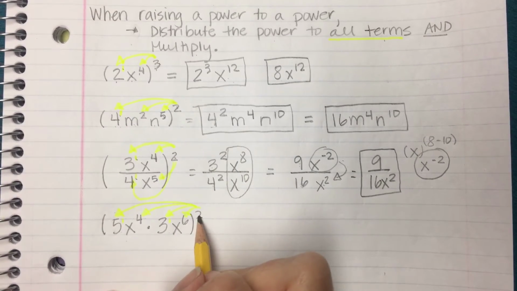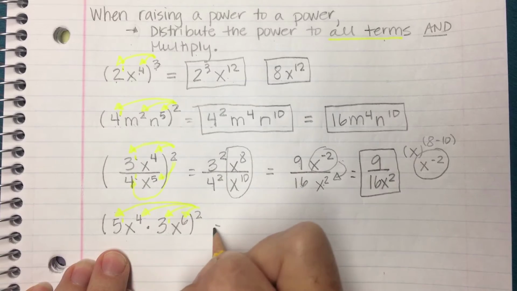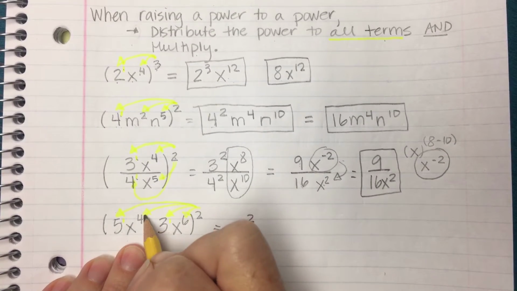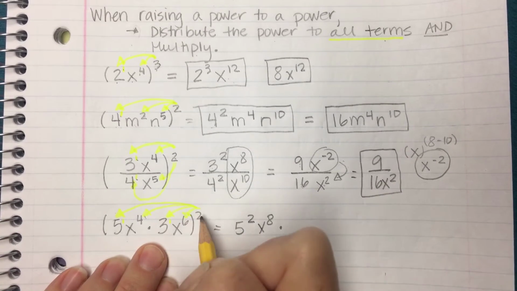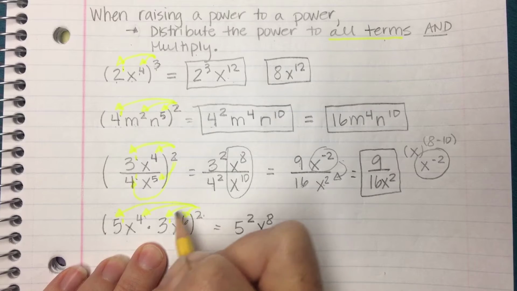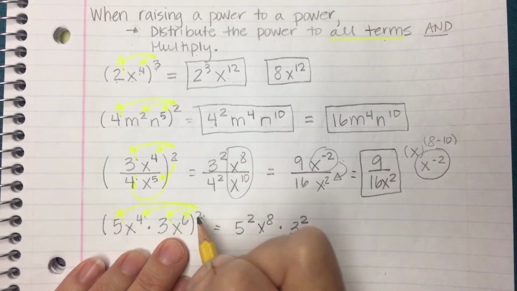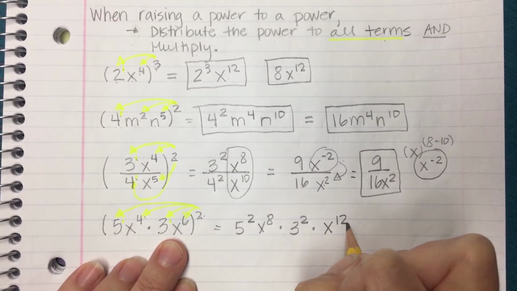So I have 5 with an exponent of 2 times 1. So that becomes 5 to the second. 2 times 4 is 8, so I have x to the 8th. Times 2 times 1 is 2, so I have 3 to the second. Times 2 times 6 is 12, so x to the 12th.